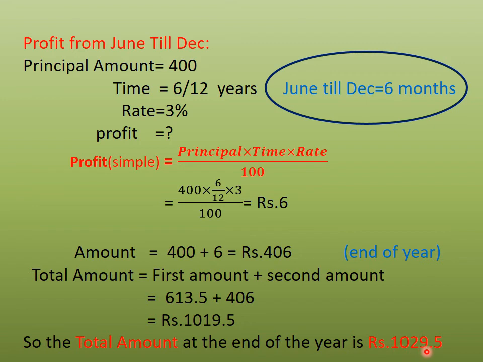So first of all, you solved profit at the end of June and then you solved profit when he invested at the end of March. And what is the total amount? By adding these two amounts, you will get the total amount with their profits.